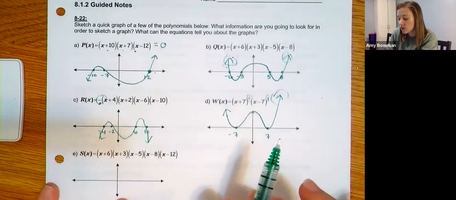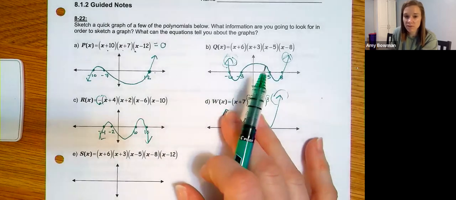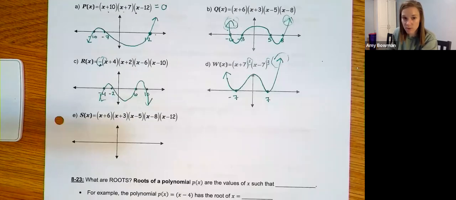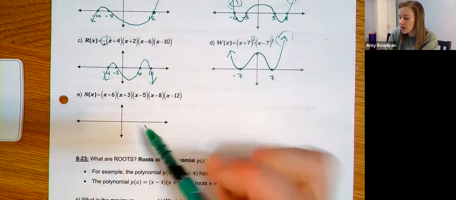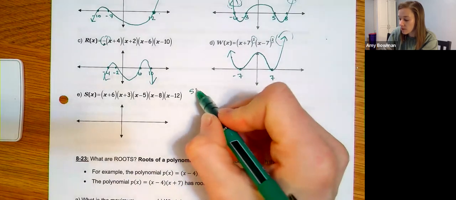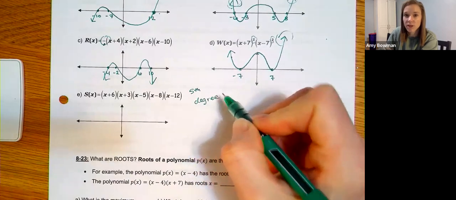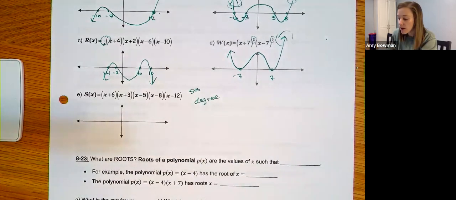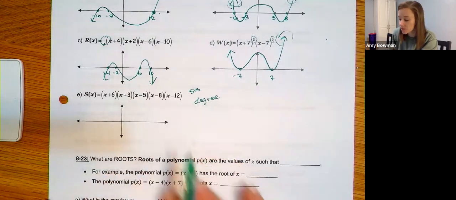We're going to continue looking at what information these factored forms of polynomials give us. So before we move on to the next problem, let's look at example E right here. Now this one's a little different because it actually has 5 factors. So this is a 5th degree polynomial. We haven't really worked with 5th degree polynomials yet, but we know enough that we can at least plot the x-intercepts of this.